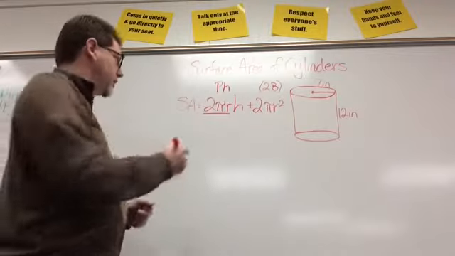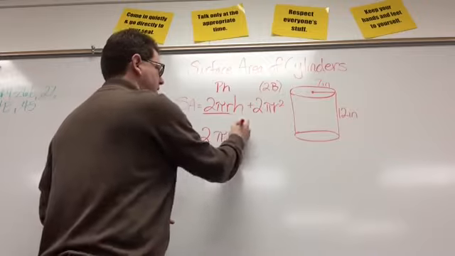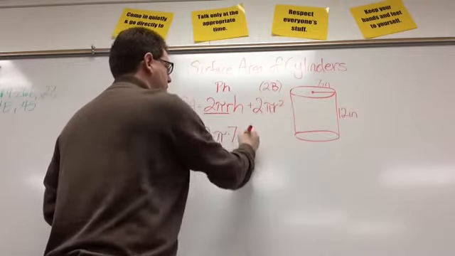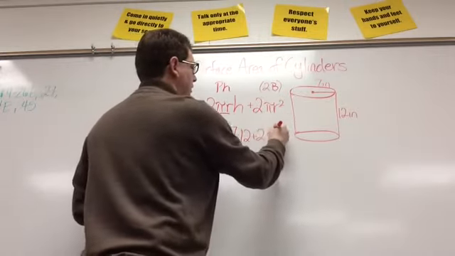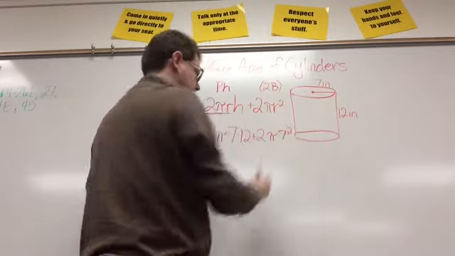So let's plug in our numbers. This equals 2 times pi times r, which is 7, times the height, which is 12, plus 2 times pi times r, which is 7 squared.